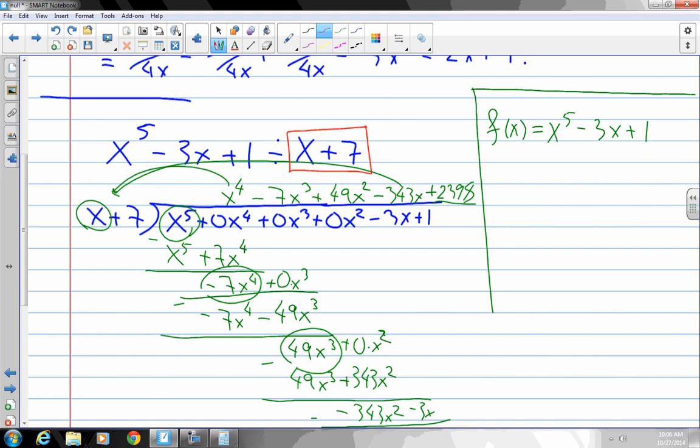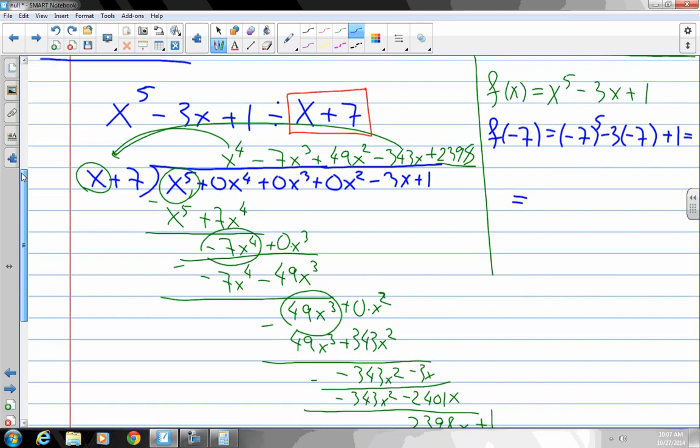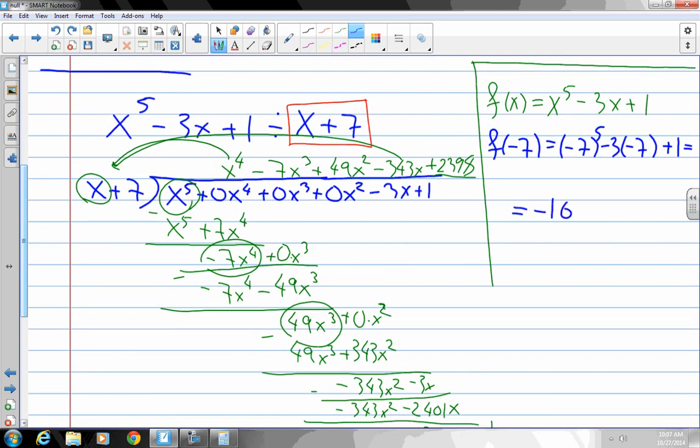Well, now I'm just going to take -7 and plug this into this function. So that becomes -7 to the power 5 minus 3 times -7 plus 1. And I bet I can beat you to the answer if you want to compute this on your calculator. I'm going to cheat a little bit. It's going to be -16,785.